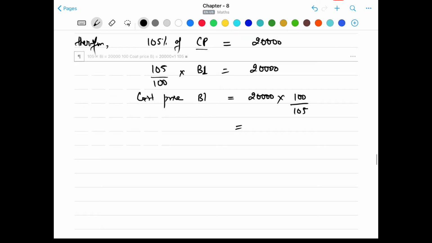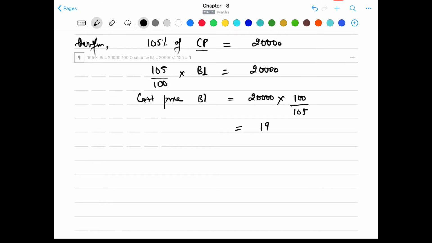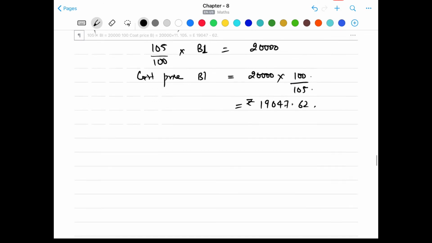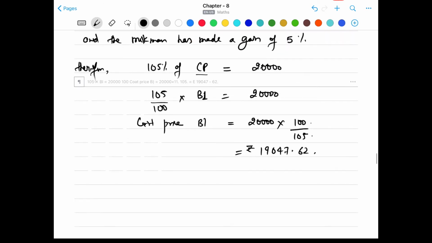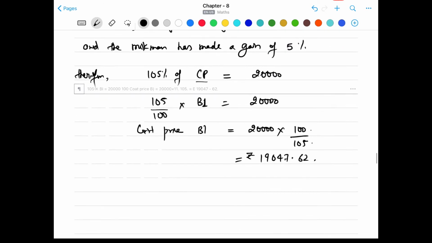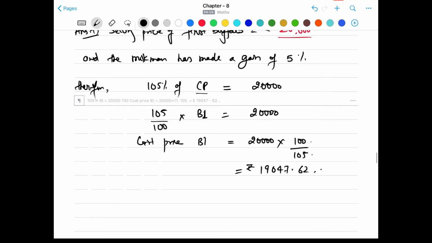When you solve this, first multiply 20,000 by 100 and divide by 105, you will get the result as 19,047.62 rupees. So that is the cost price of one buffalo.